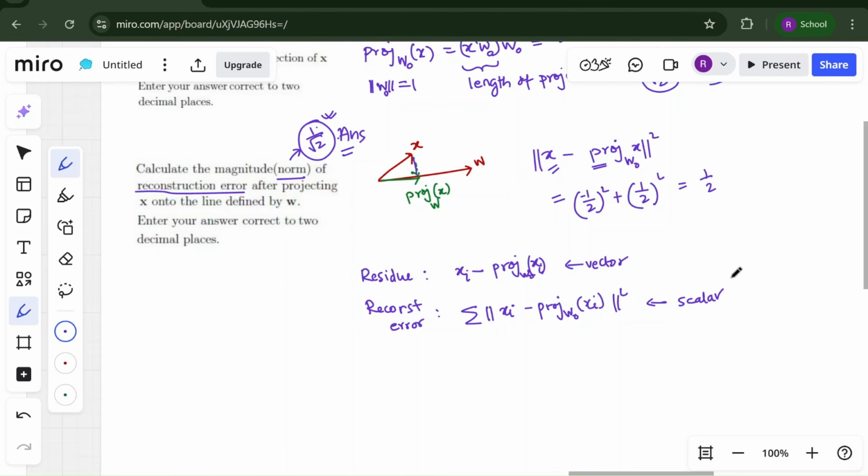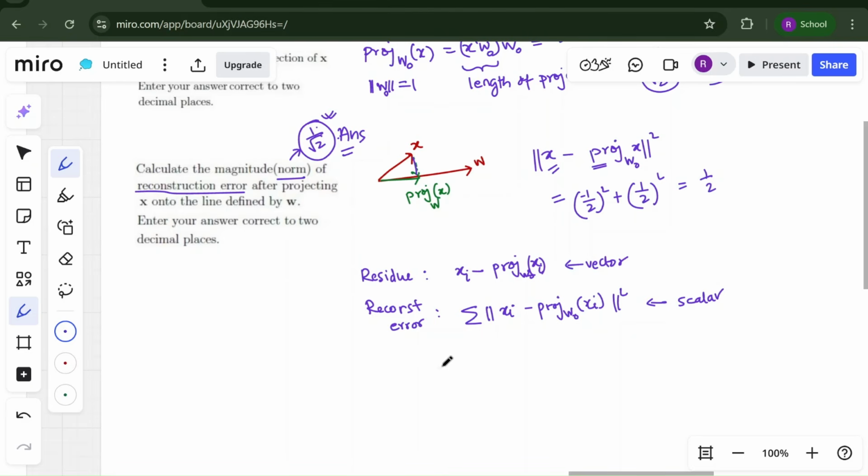Okay. Go ahead. It's error square, but you can take this as the error also. Doesn't really matter much. You want to minimize, right? So if you minimize the reconstruction error or the square of that, it's the same. So this is all based on definitions.